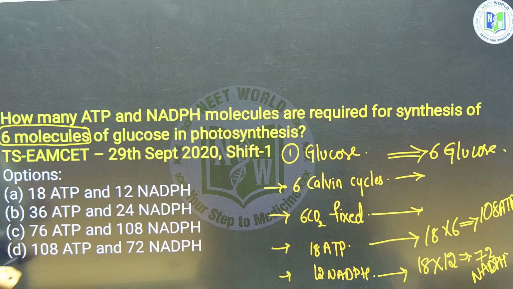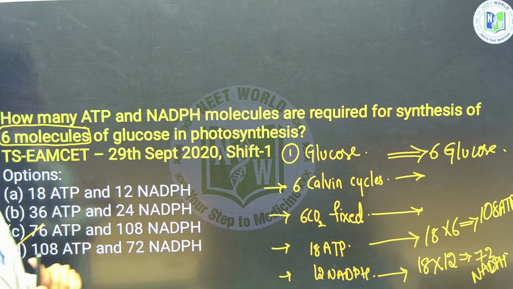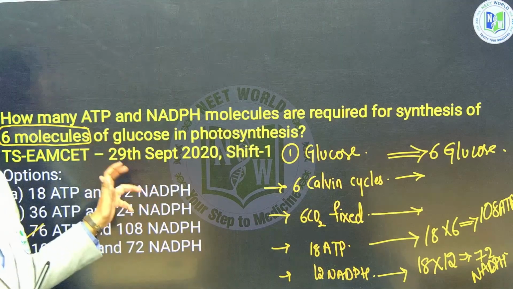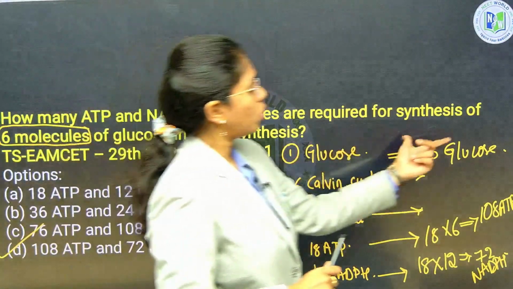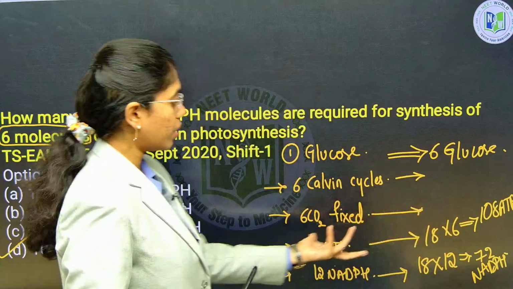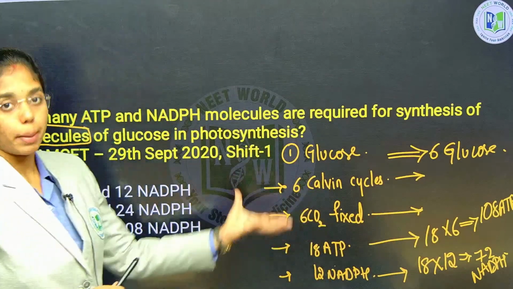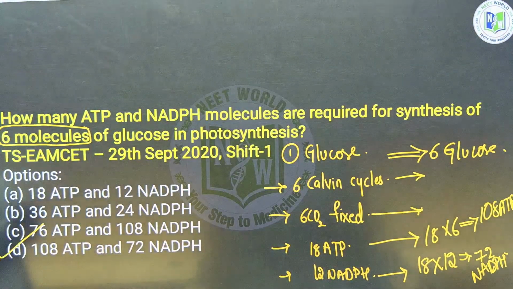So, the right answer will be option D. It is very simple. For a single carbon dioxide, how much assimilatory power is required? For 1 glucose formation, how much is required? For 6 glucose, you multiply it, the assimilatory power will be compounded, and then you can look into the answer easily.